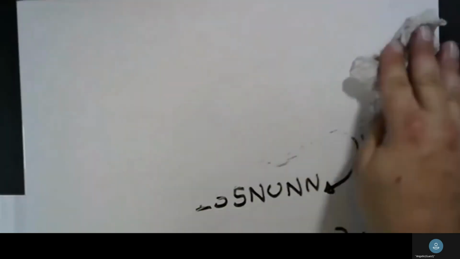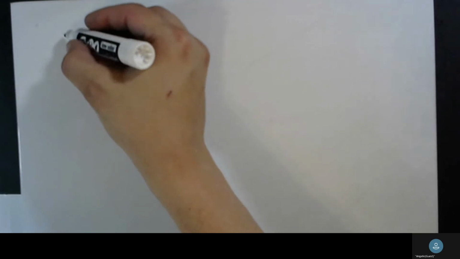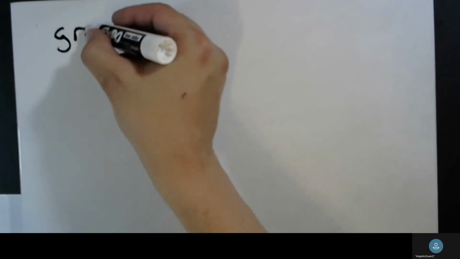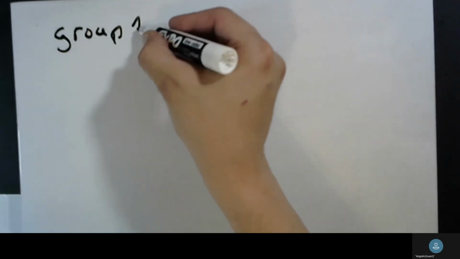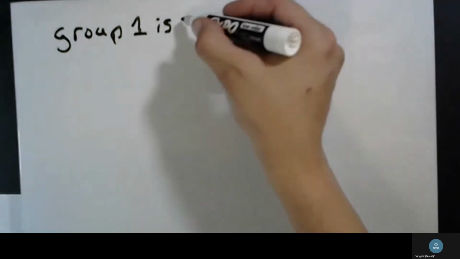So we're still continuing with this example. So we're going to let group 1 be the 1s.